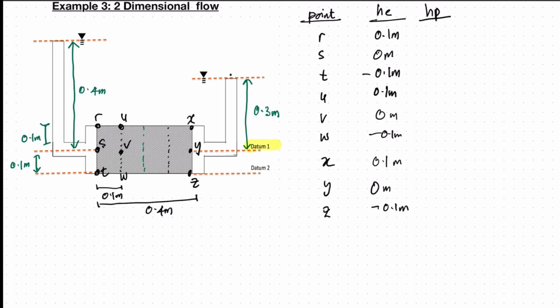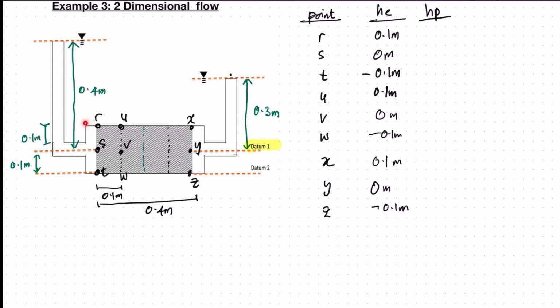So the HP for point R: the pressure is going up, but not until the datum. R is sitting there, nothing to do with the datum. For pressure head, don't confuse with the datum; you just want the distance until the point.